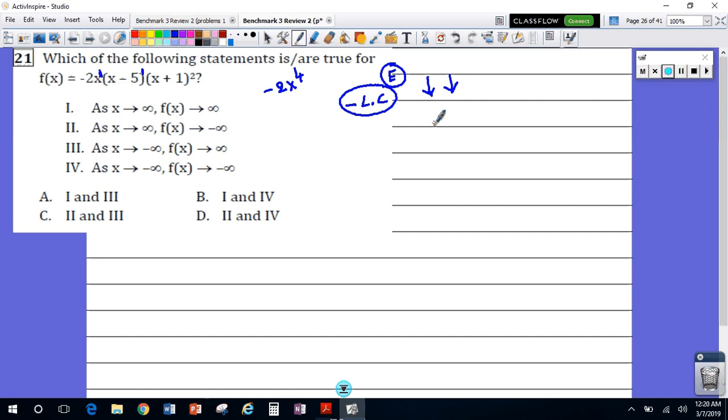So how do you express this in a mathematical way? Draw your lines. First you move towards the right. As x tends to infinity, both ends should come down, so f of x goes to minus infinity.